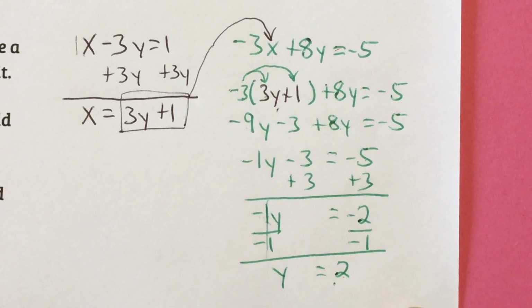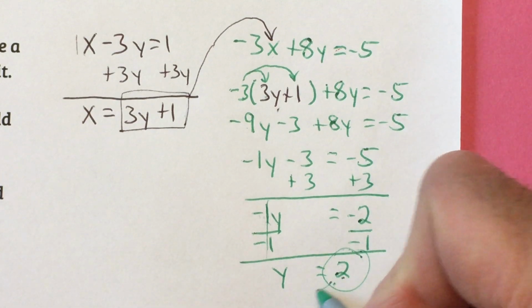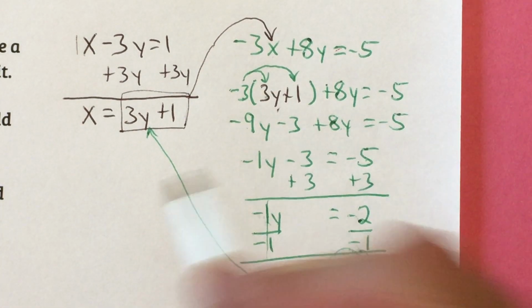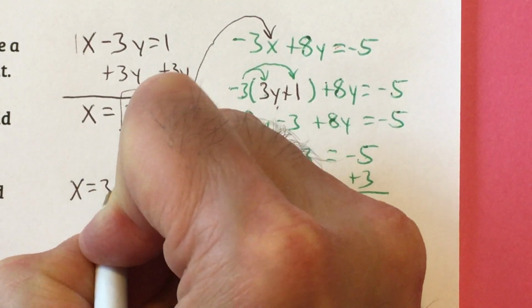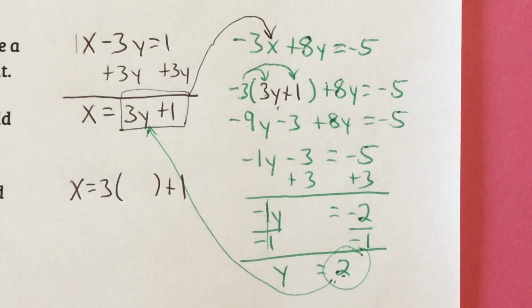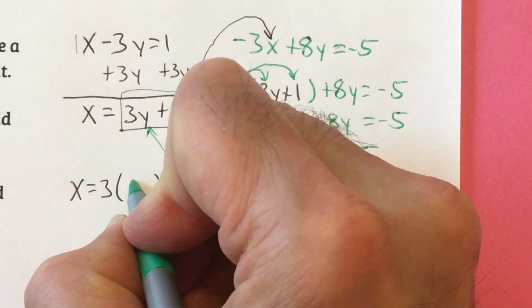Step 3 says you should now know what y equals or x equals. We know y equals 2. Take this number and substitute it into the other equation, the original equation. So now I'm going to say x equals 3 parentheses plus 1. Inside the parentheses, I take out the y and substitute in the 2.